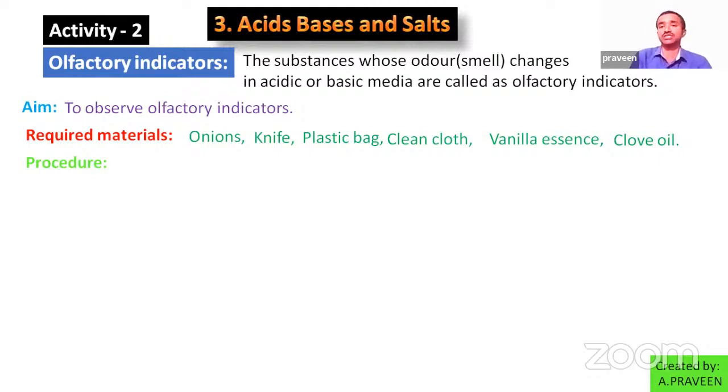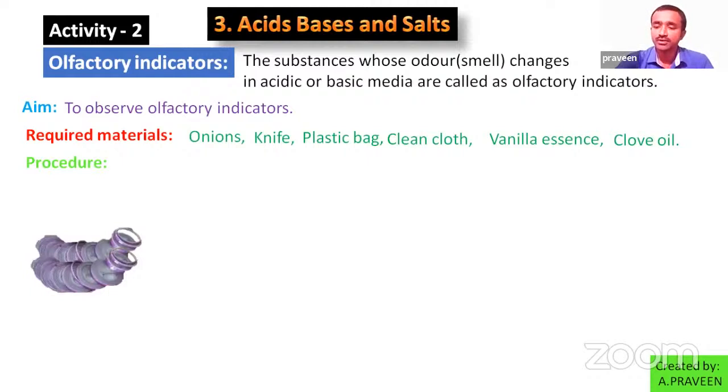Then what is the procedure? How to conduct the activity? You need to take finely chopped onions. You have onions and one knife, so take the knife and finely cut the onions.